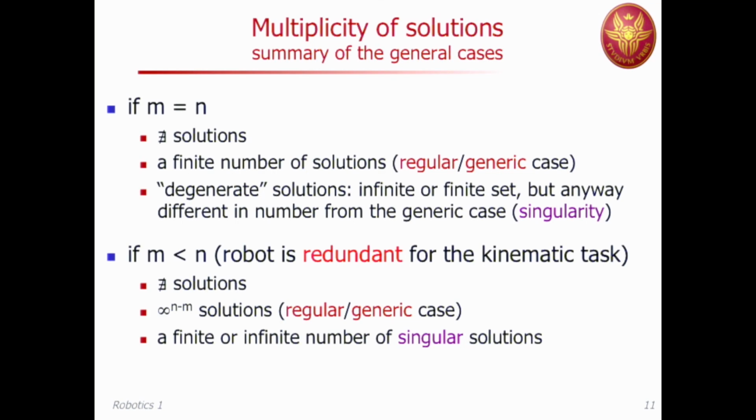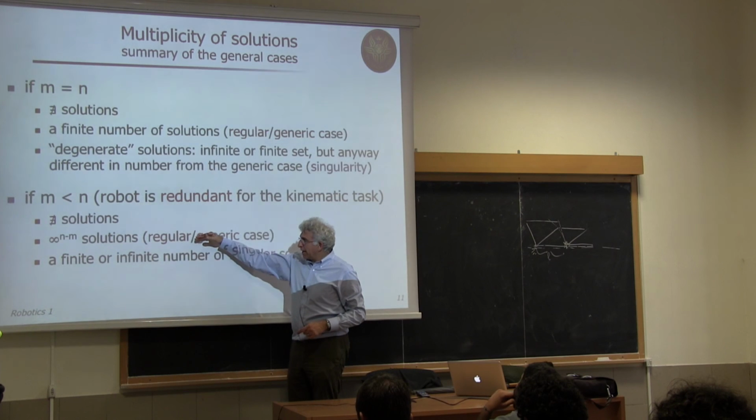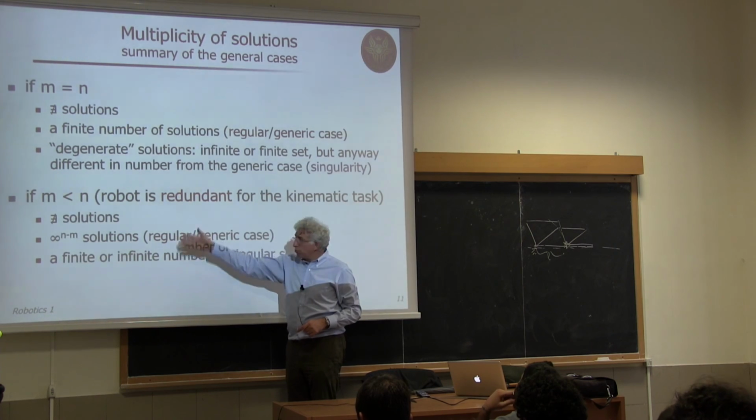So if m is strictly less than n, then we will say that the robot is redundant. Again, what are the possible cases? Similar, but slightly different. No solution, because I'm out of the workspace. Or in the generic case, there are infinite to the n minus m solutions. In the previous case, infinite to the 1, because I had n equal 3 joints, and the task was just positioning the end effector, which is m equal 2.